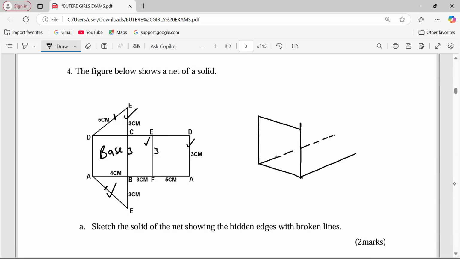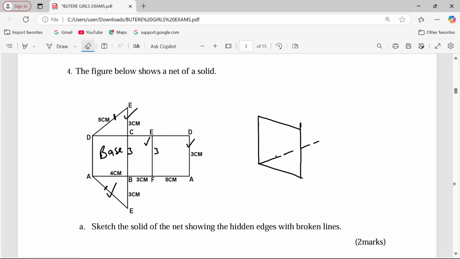Then from the top here, we can drop some lines. We can have this one shortened a little bit.